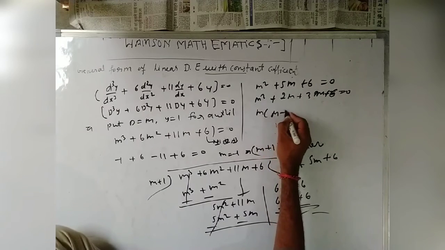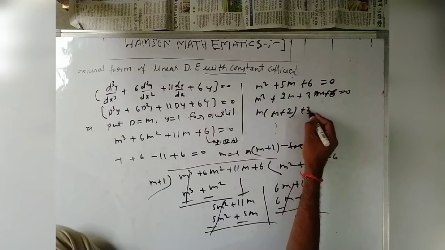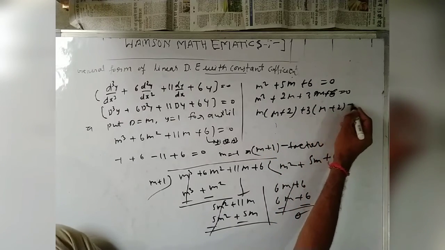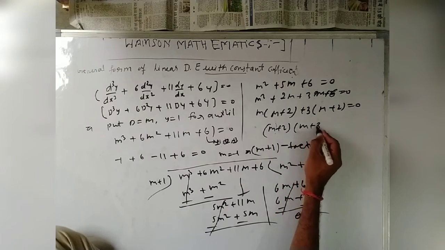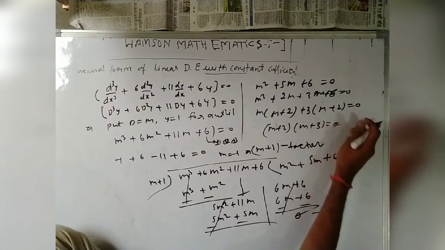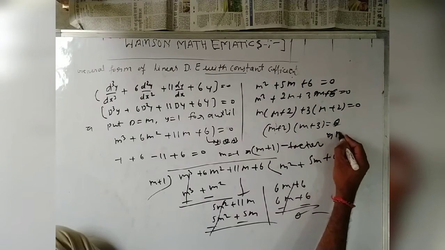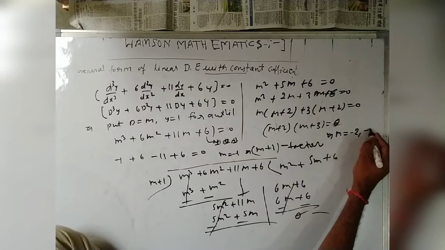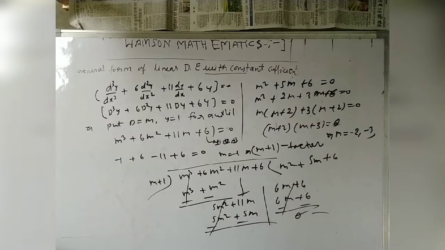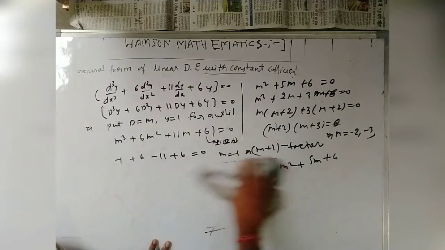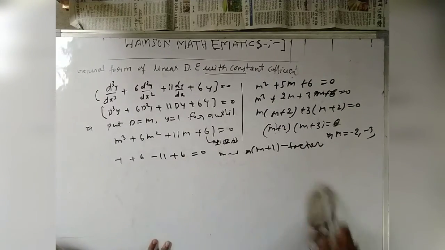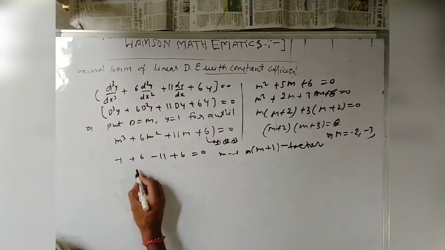So take m common, so m plus 2, here 3 is common, so m plus 2. So m plus 2 and m plus 3 are the roots. So m is equal to minus 2 and minus 3. So after solving all the equations, we can say the set of roots.